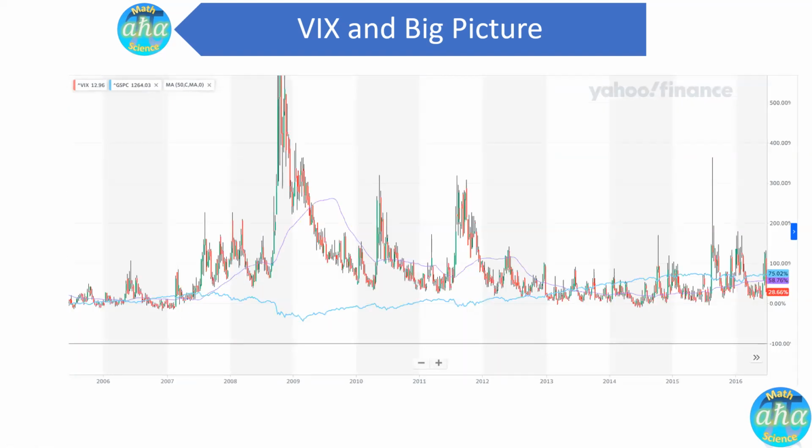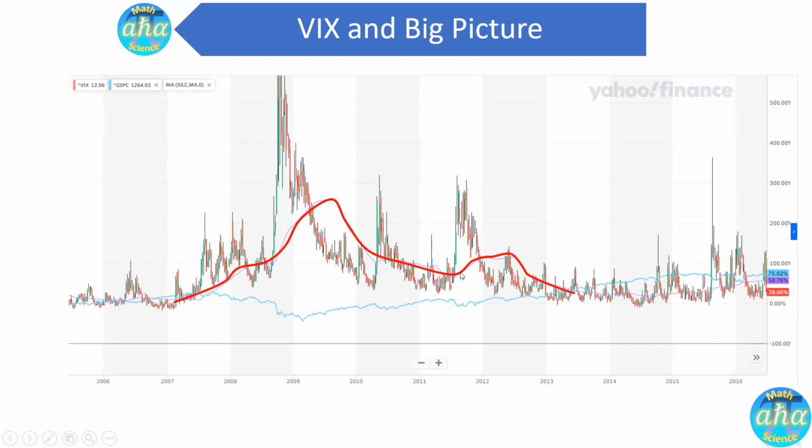This was the bear market in 2008 and 2009, which was the great financial crisis. Again, the purple curve is the 50-week moving average against the S&P 500. Prior to this spike, which is essentially the middle of the great financial crisis, you can see there's already a plateau region and also a peak.